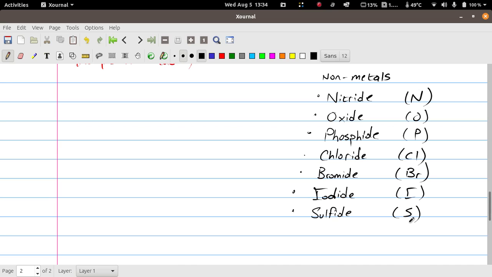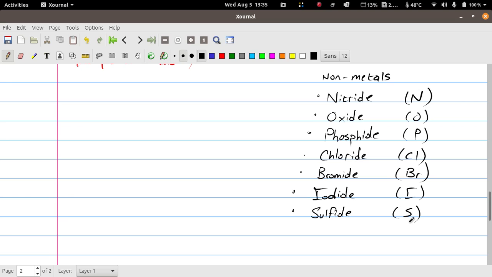Now, there are certain things called polyatomic ions, which I have not gone over yet, but they follow the same type of naming structure.